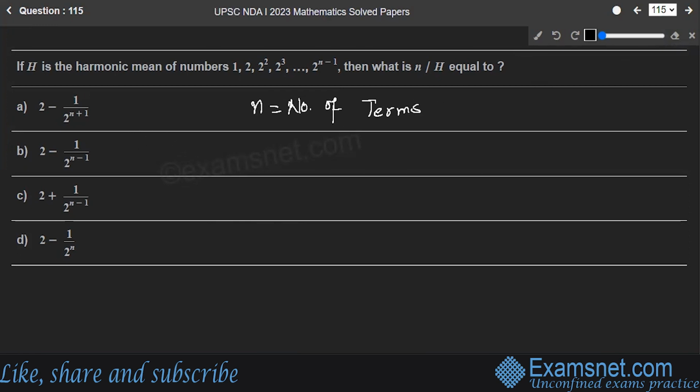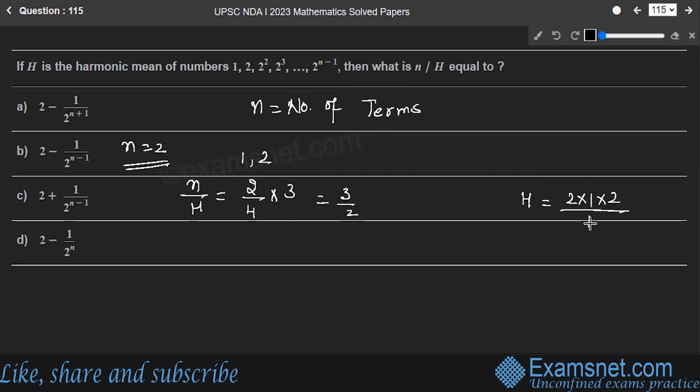If we take n is equal to 2, then how many terms will there be? It will be 1, 2. So in that case, n upon h will be given by 2 upon 4 by 3, that is equal to 3 by 2. See, h is equal to 2 into 1 into 2 upon 1 plus 2, that is equal to 4 by 3.